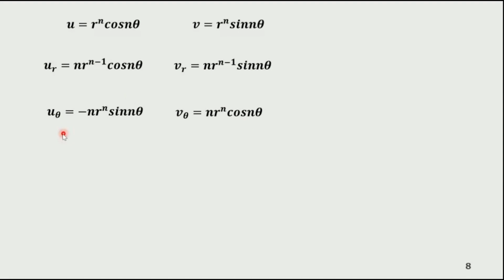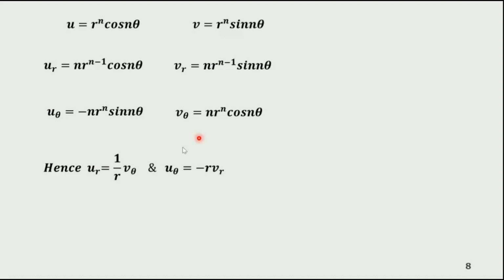What is the second one? U theta is equal to minus R VR. That means if I multiply this by R, both should be the same with a negative sign. That is also true. If I multiply by R, I will get N R raised to N sin N theta. Here also it is true. So both the CR equations are satisfied.